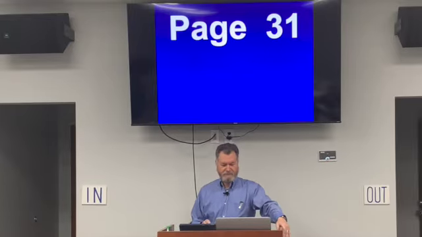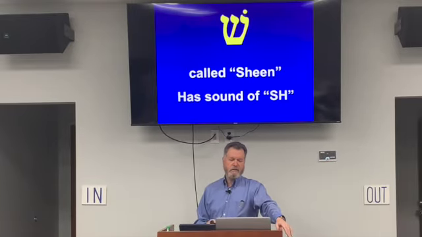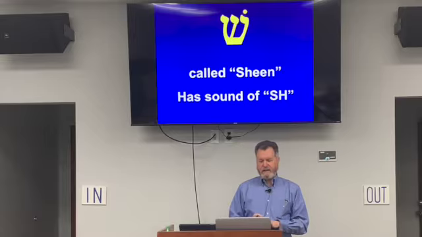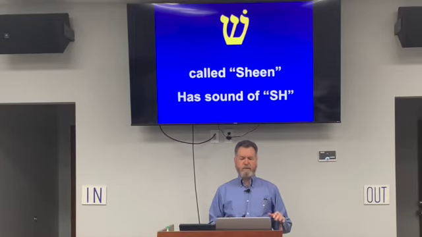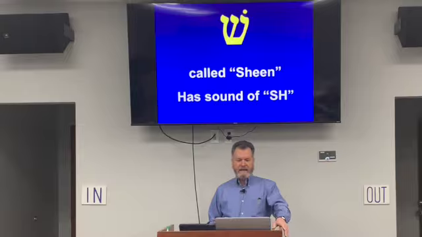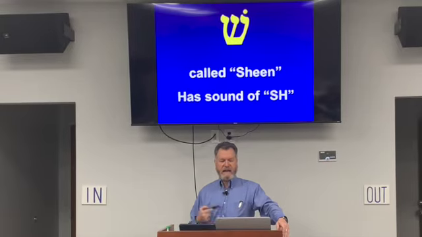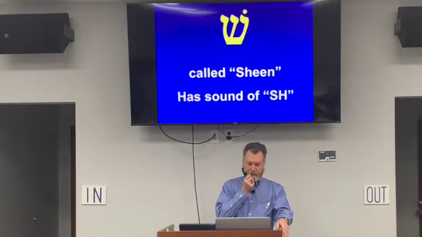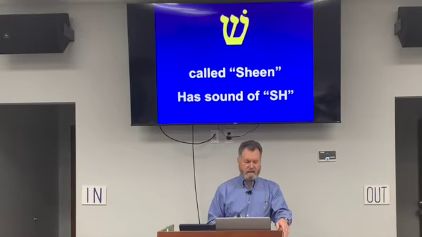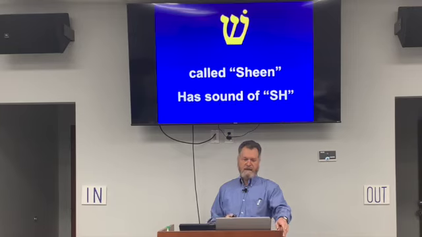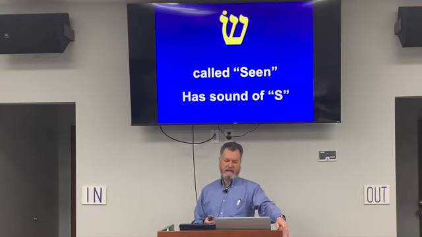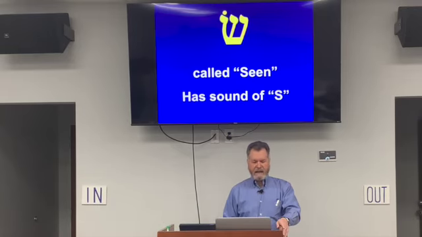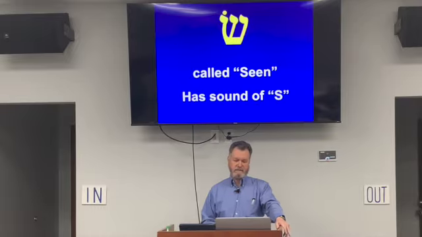Anyway, what we're going to learn today is the Hebrew letter Sheen, and it has the sound of SH, and the dot is on the right-hand side to give us the Sheen. If it's on the left-hand side, it's called a Seen, and it has the S sound.